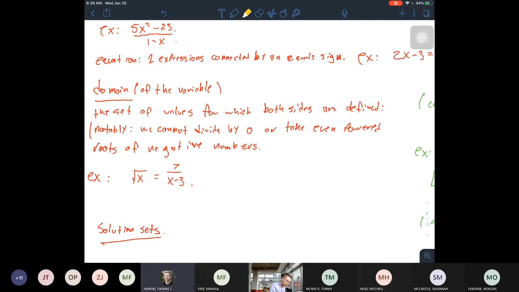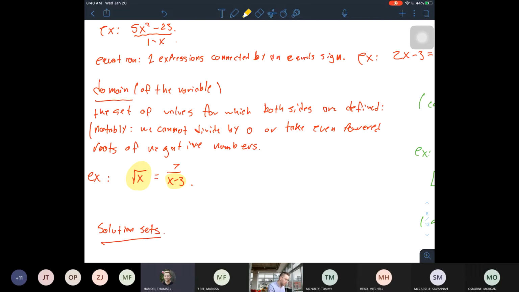And on the left-hand side, I have an even-powered root. It's a square root, which means the power of the root is 2. Okay, so we cannot take the square root of a negative number. I mean, we really can if we talk about complex numbers, but we're not talking about complex numbers right now. So we're not going to take square roots of negative numbers, and we are not going to divide by 0.